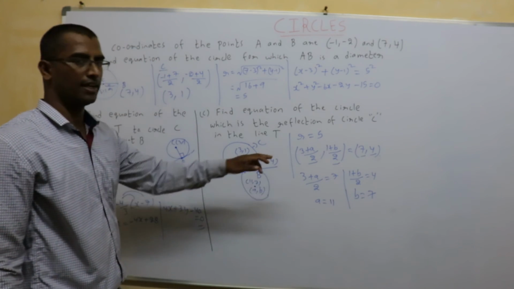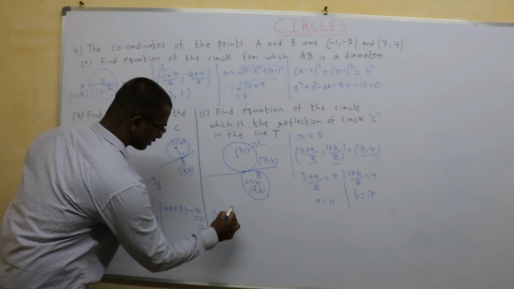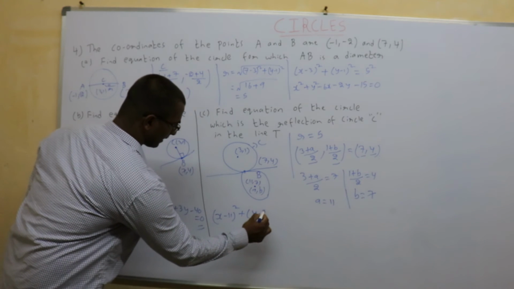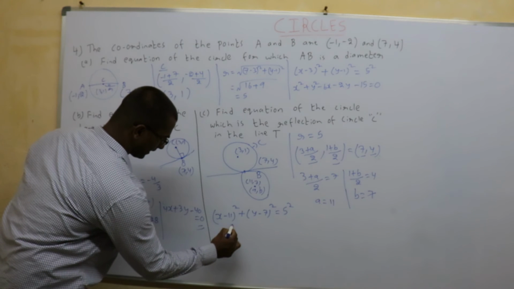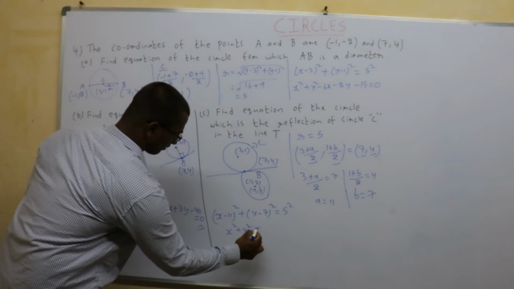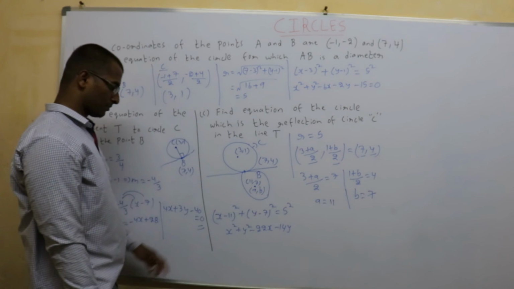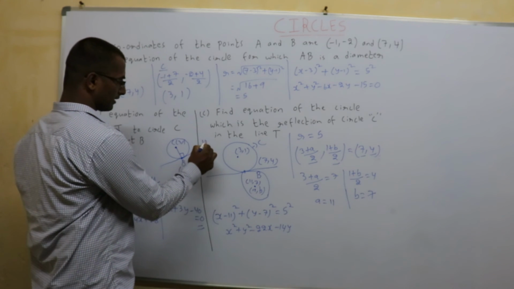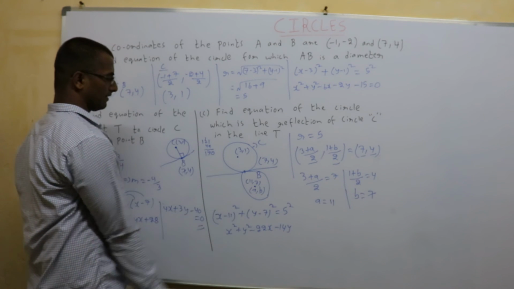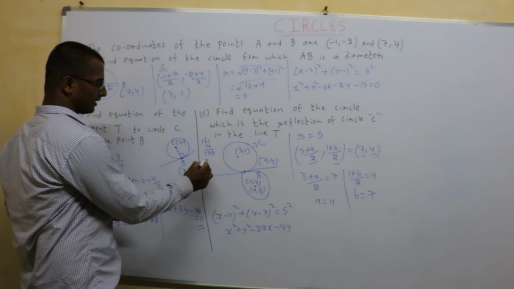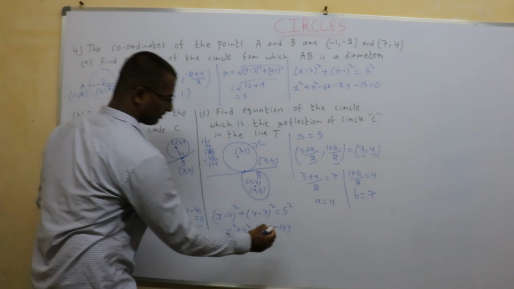I have center and radius. So the equation of the circle is (x minus 11) whole square plus (y minus 7) whole square equals 5 square. If I simplify, x square plus y square minus 22x minus 14y, 121 plus 49, 170 minus 25, 145.